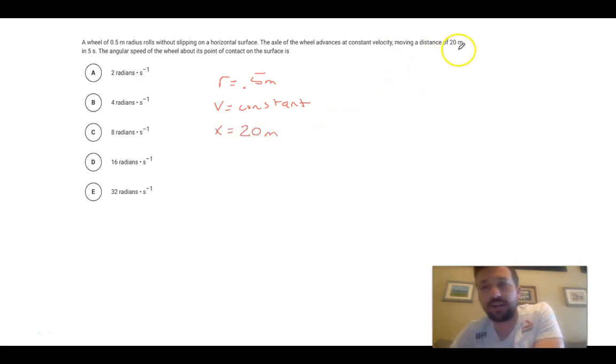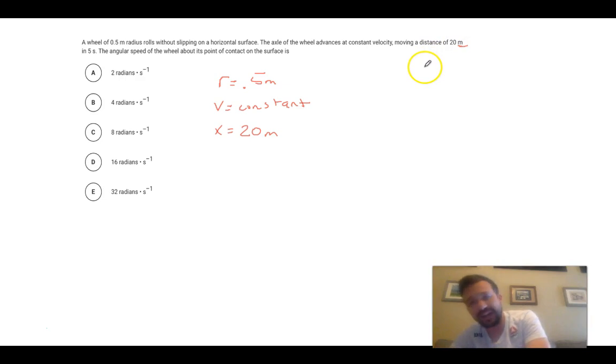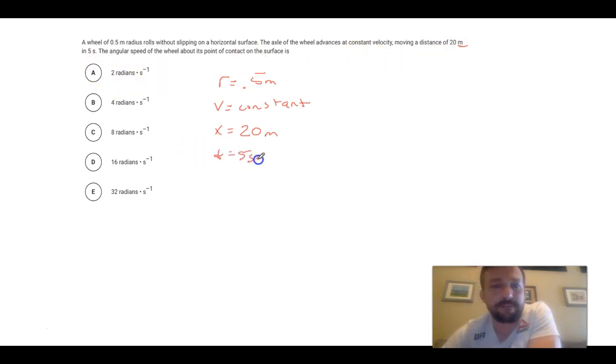Now notice, I am making a difference between linear stuff, which is measured in meters, and angular stuff, which is measured in radians, right? For a time of 5 seconds. Okay, the angular speed of the wheel about its point of contact on the surface is. Okay, so I'm looking for the angular velocity.